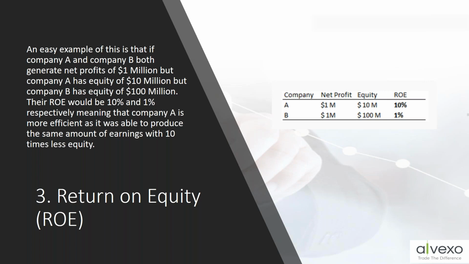So their ROE, which is return on equity, is 10% for the $10 million company generating $1 million in profit, and only 1% for the company that has $100 million in equity. Both had the same profit. So their ROE would be 10% and 1% respectively, meaning that Company A is more efficient as it is able to produce the same amount of earnings with 10 times less equity.